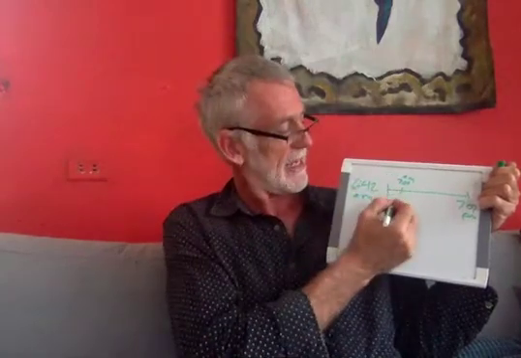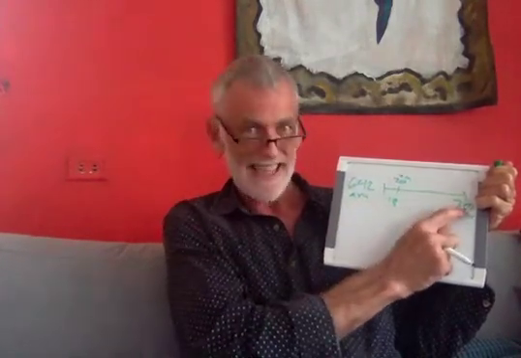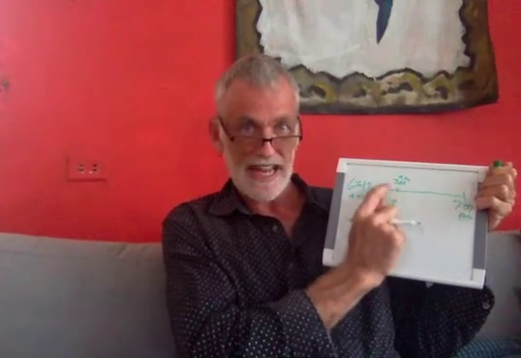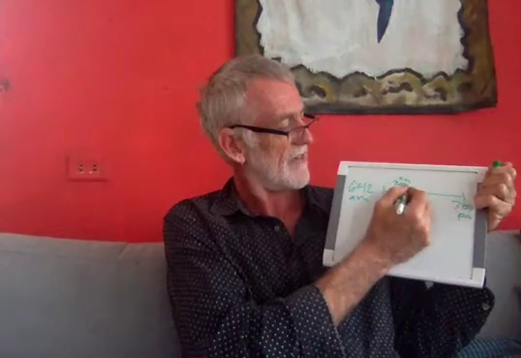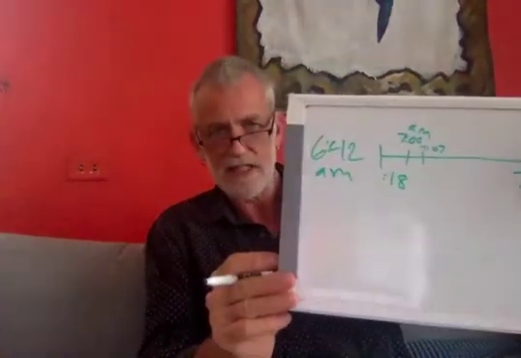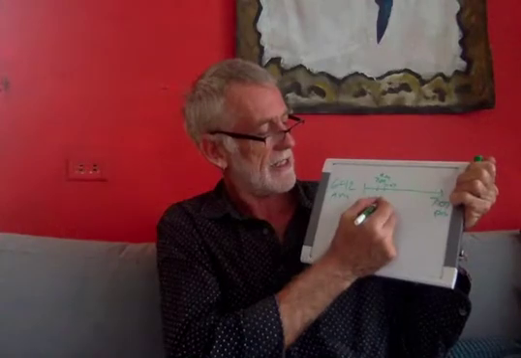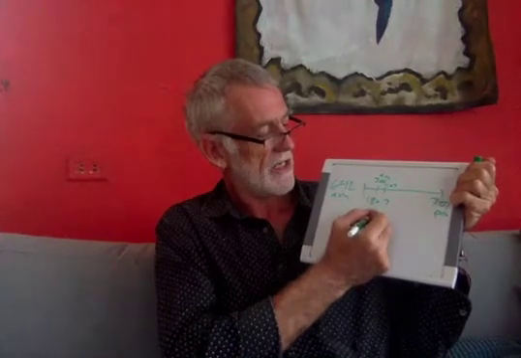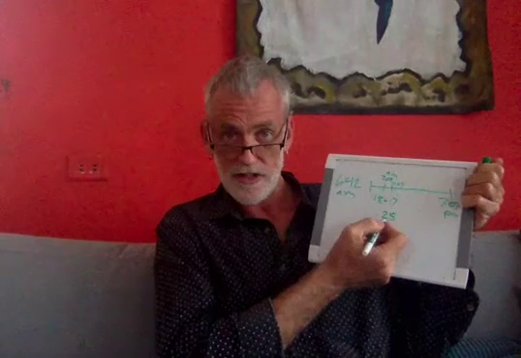So I'm going to add 18 minutes. But I want to get to 7:07, not 7. So I'm going to add 7 more minutes. And so we're going to get to 7:07. So I'm going to add 7 minutes, or 25 minutes in total. 18 plus 7 is 25.